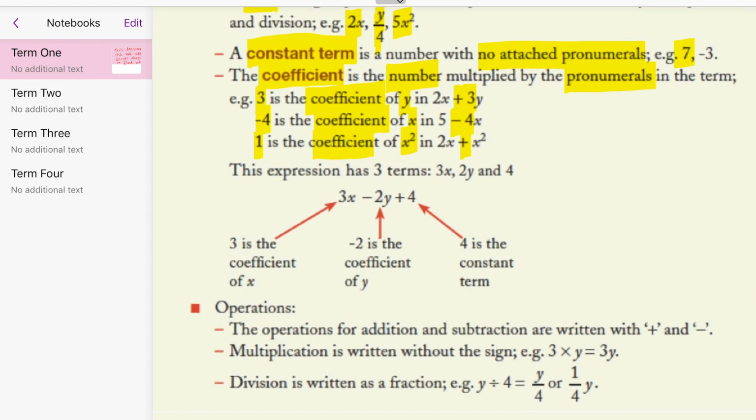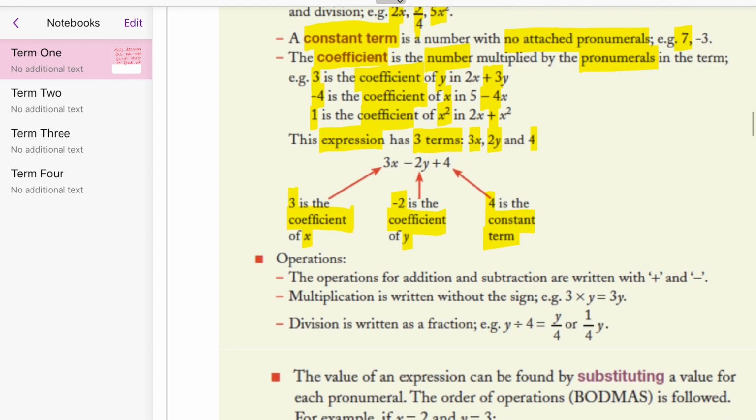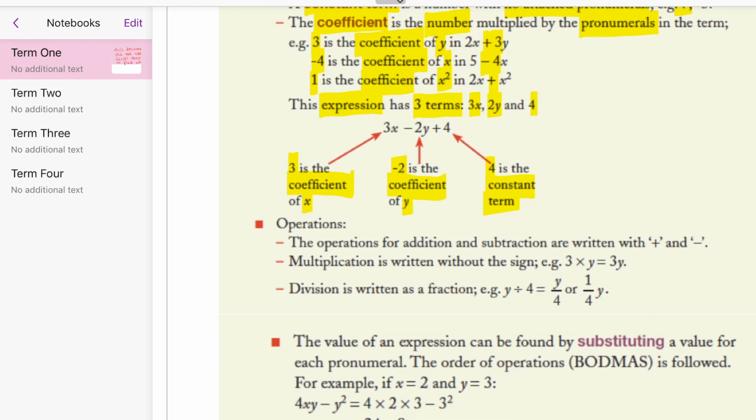So as an example here, we've got the expression, there's no equals. It has 3 terms, the 3x, the 2y, and the 4. The 3 is the coefficient of x. The -2 is the coefficient of y. And 4 is what we would call our constant term. Please have this on your page of notes so that you can remember and cite this in case you forget.